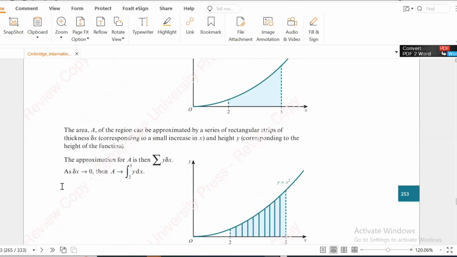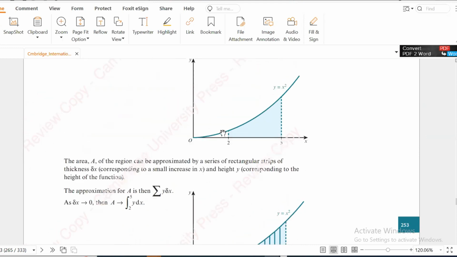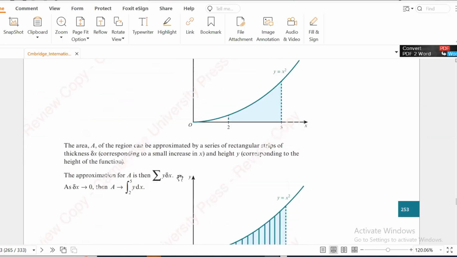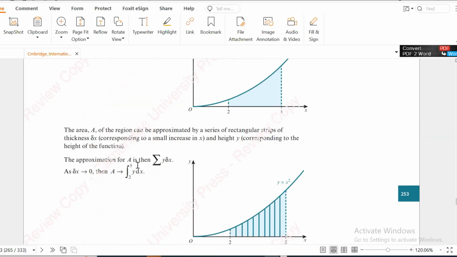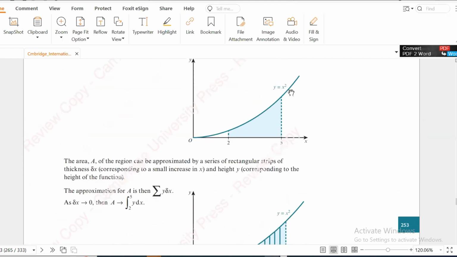So for approximation, we can use the summation of y delta x, as delta x approaches 0. And the formula you can make for this curve, y is equal to x square, where the minimum value of x is 2 and the maximum is 5, is the integral of y dx, and y is basically x square.